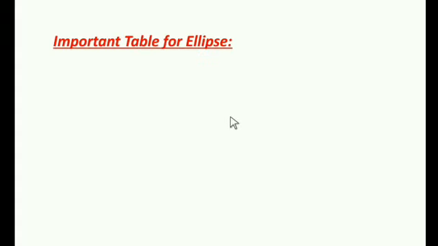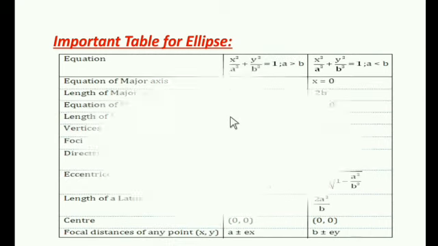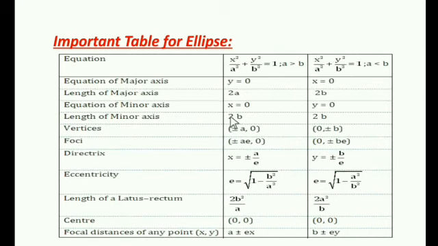Important table for ellipse. This table is very helpful. You should remember, students, the equations given: x squared by a squared plus y squared by b squared equal to 1, with a greater than b, and with a less than b. Both are in the same case. If you take a greater than b, then we will write it this way, but if a is less than b, the equation will be the same.